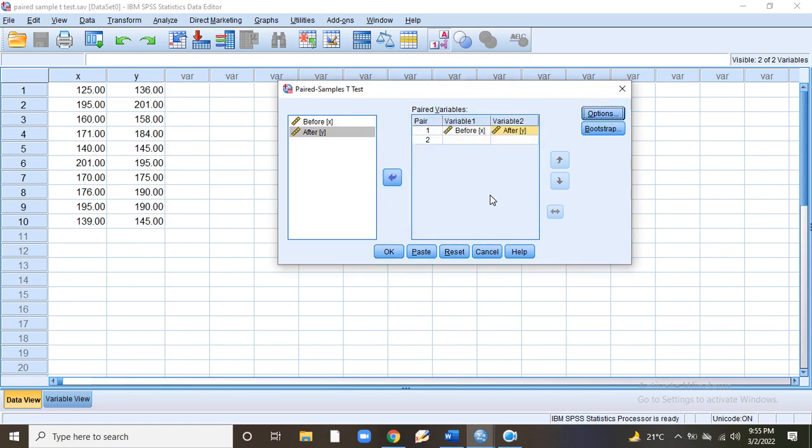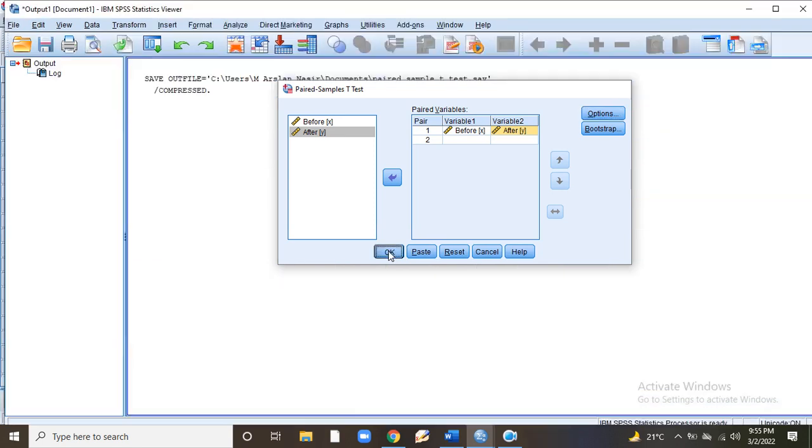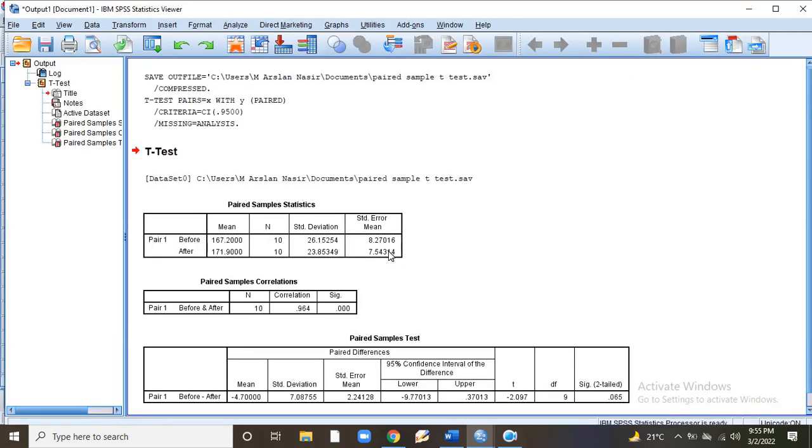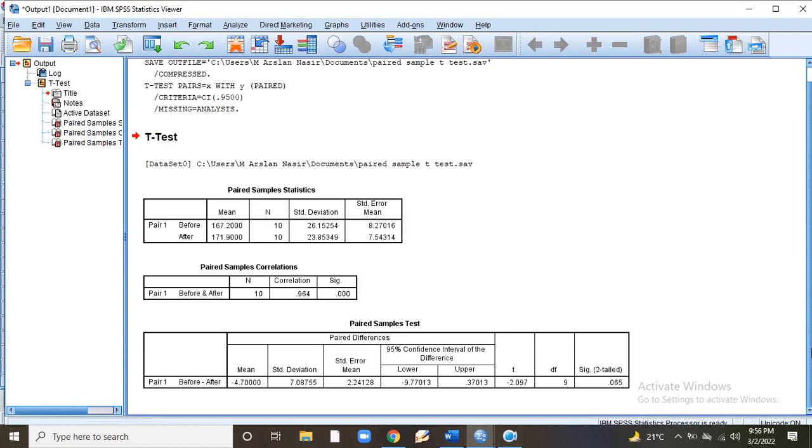So we click Continue, and we click OK, and another window opens with the results. You can see that these are the paired samples statistics. There are three tables: one is summary measures, second is for correlation, and the third is for the paired samples test.